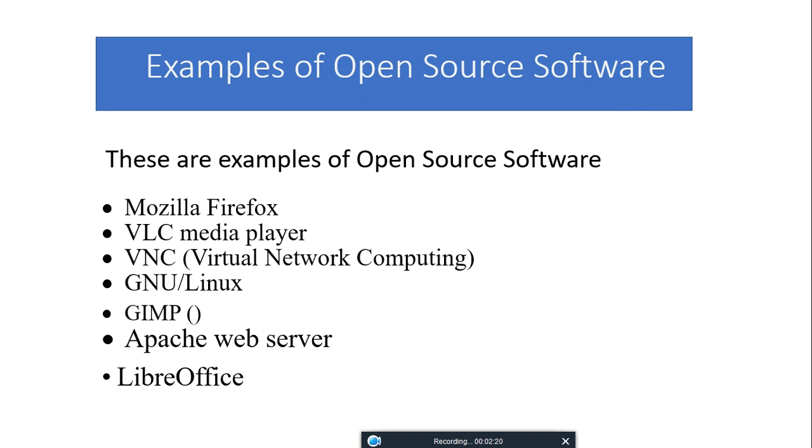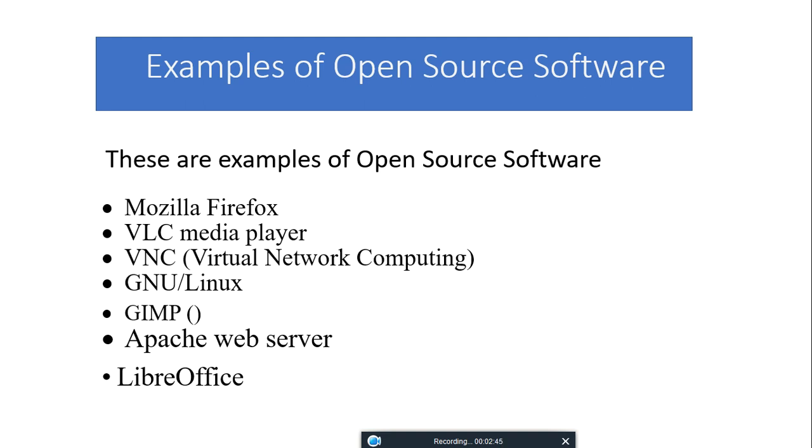Examples of open source software. These are examples of open source software. 1. We have Mozilla Firefox. 2. VLC Media Player. 3. VNC, that is Virtual Network Computing. 4.